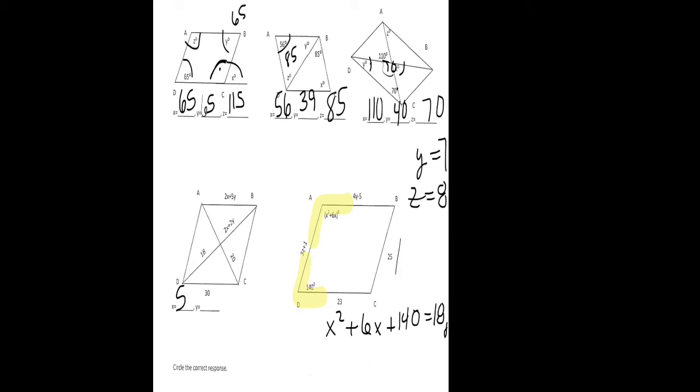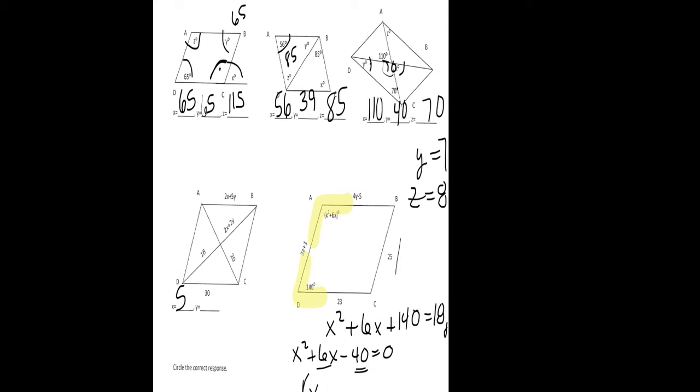You have something squared, it's a quadratic equation, so you want to remove this 180 from the right hand side, get everything equal to 0. So you'll be left with x squared plus 6x minus 40 is equal to 0. Now I'm looking for two things that multiply together to give me negative 40 and add up to give me 6.